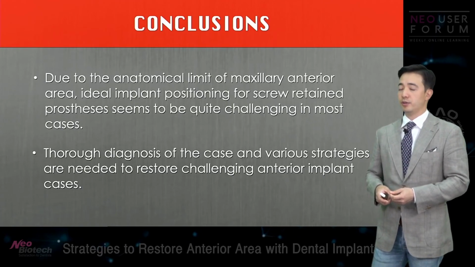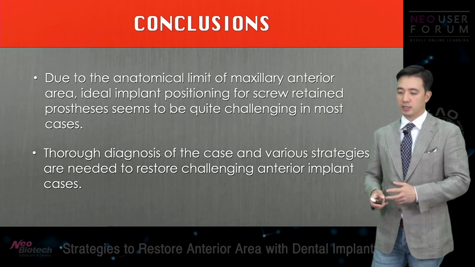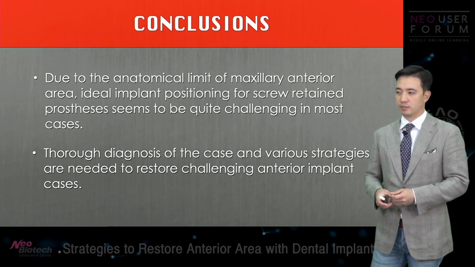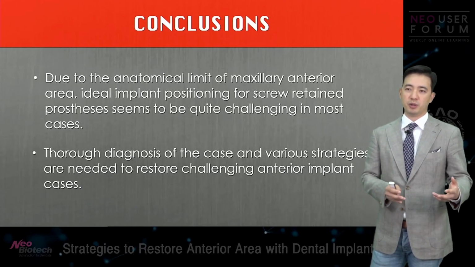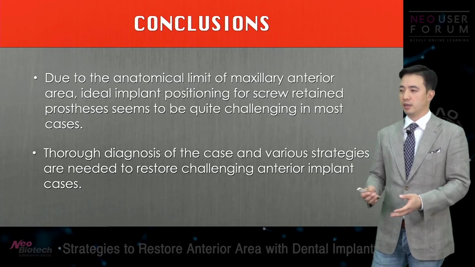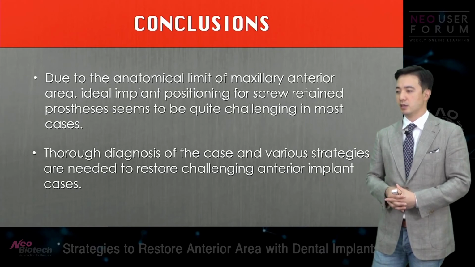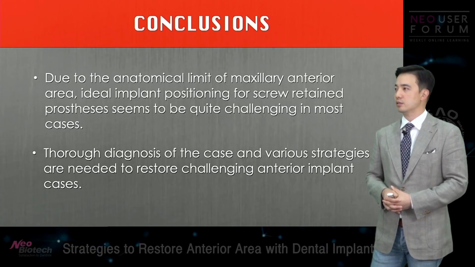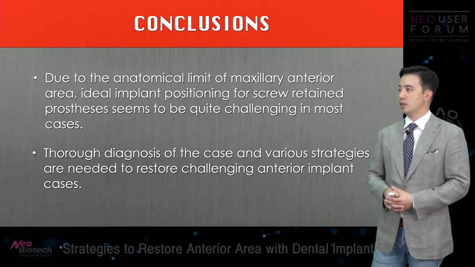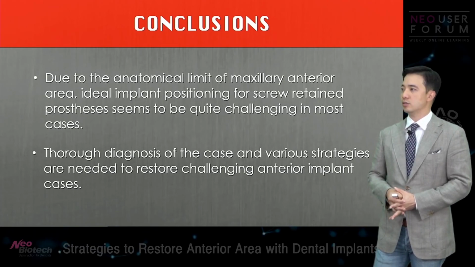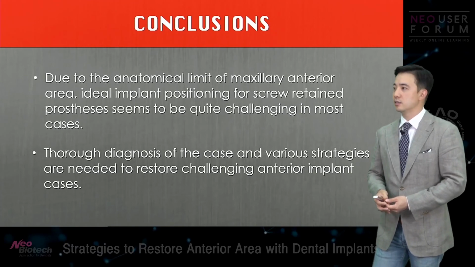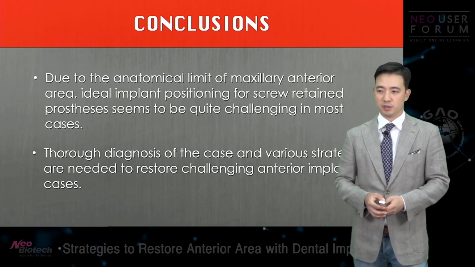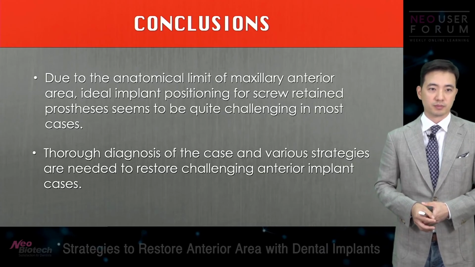Because for the patient, no matter what it takes, it's not in your mouth, but in your patient's mouth for the long term, and you want to give them the best option they could have, right? So thorough diagnosis of the case and various strategies are needed to restore challenging anterior implant cases. All right? So yeah, that's going to be the end of my presentation. Thank you very much.